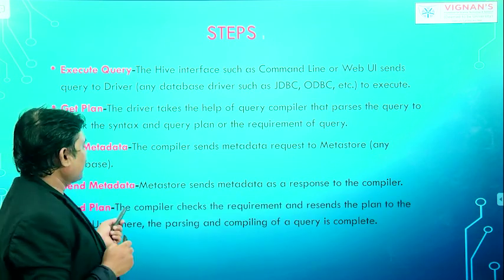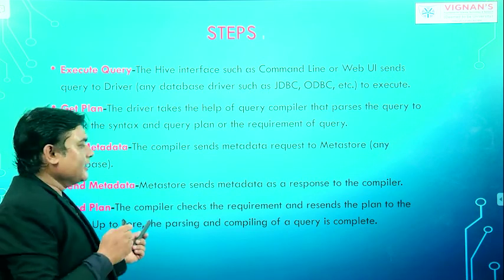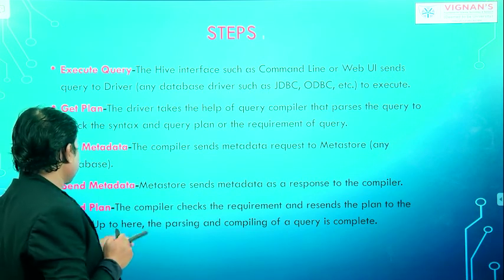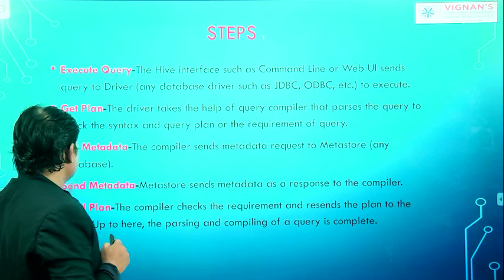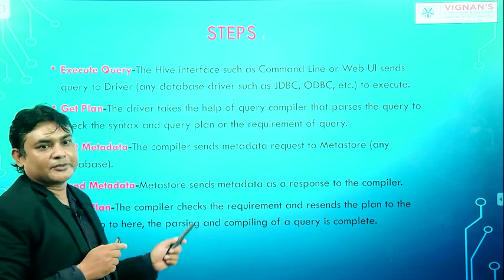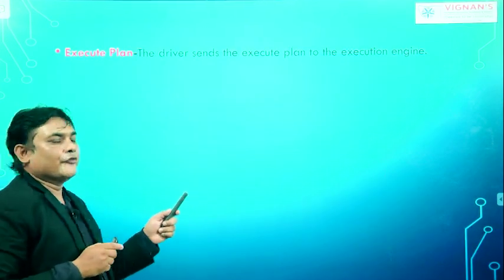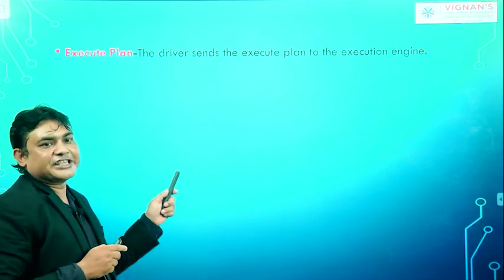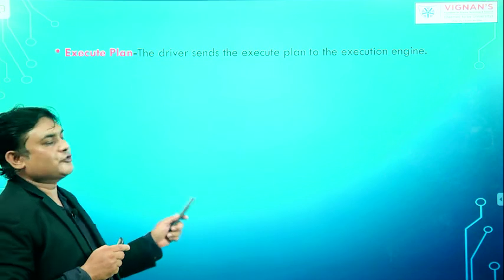Then send plan. The compiler checks the requirement and resends the plan to the driver. So after compiling, the same plan is sent to the driver, and here the parsing and compilation of the query is complete. So here what happens? The parsing is already completed by the compiler. Next, execute the plan. How do we execute the plan? We have to pass everything to the execution engine. The execution engine will take care of executing the plans, executing the queries.